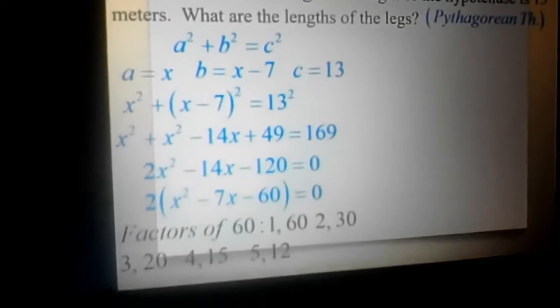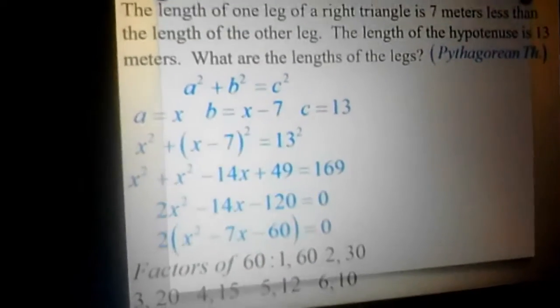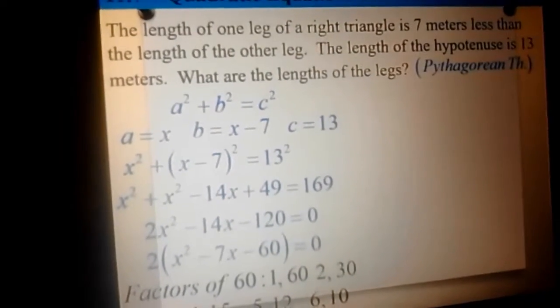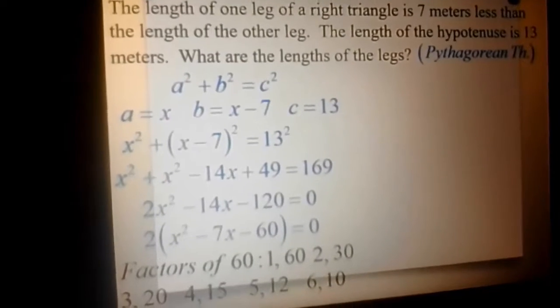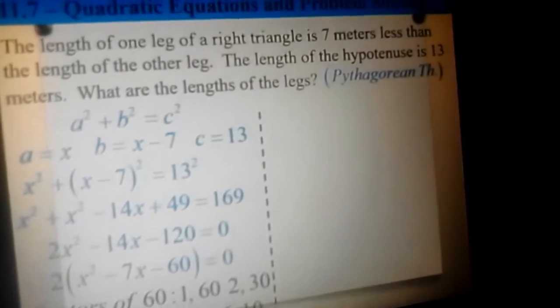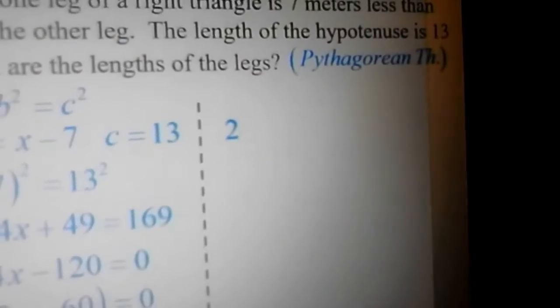Based on the factors that we have, we can get negative 7 when we have 5 and 12. So let us consider the factors 5 and 12.